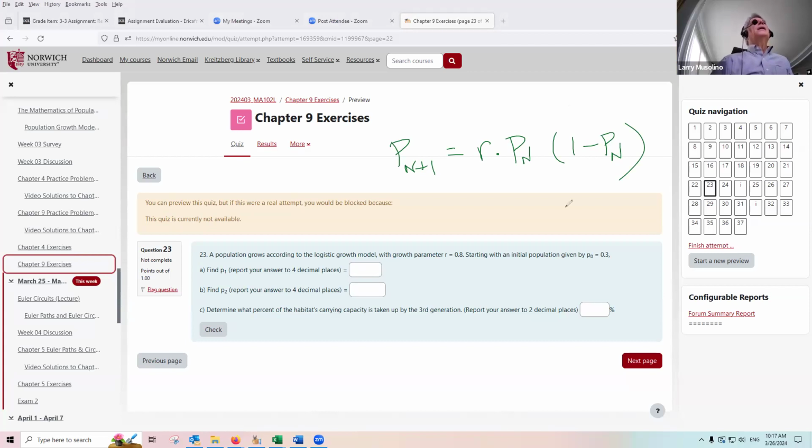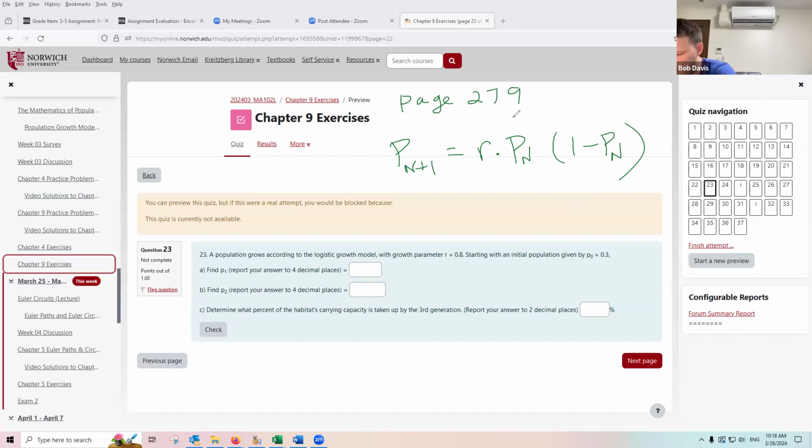They use a weird kind of notation where they use P sub n plus 1, but that's okay. Let me rewrite this. Let me give you the page number on this. This is on page 279, in the middle of the page.